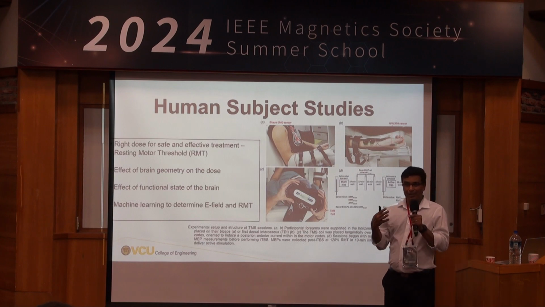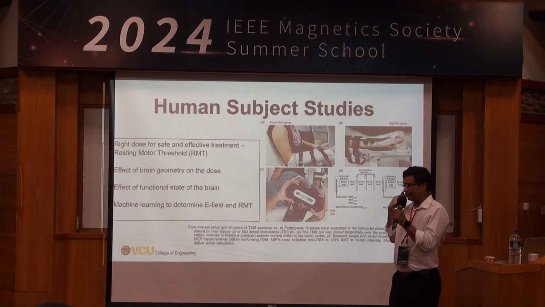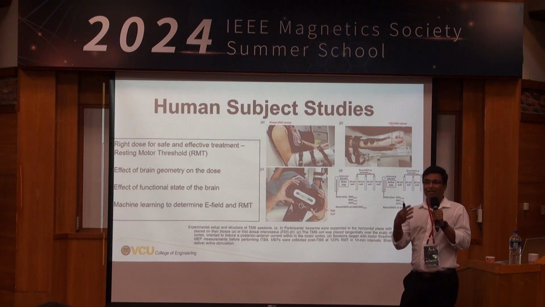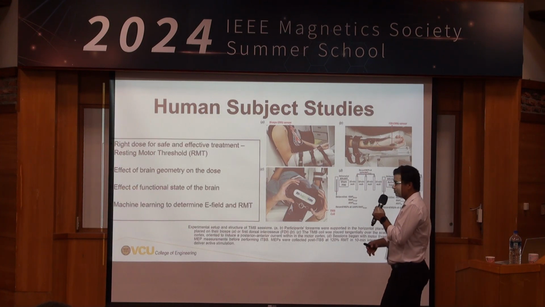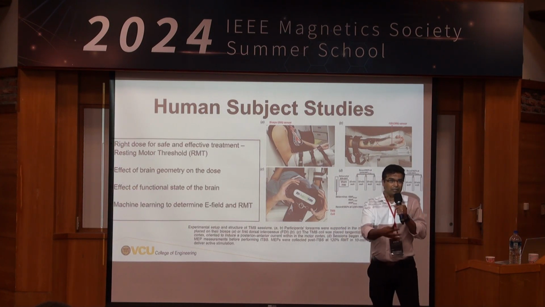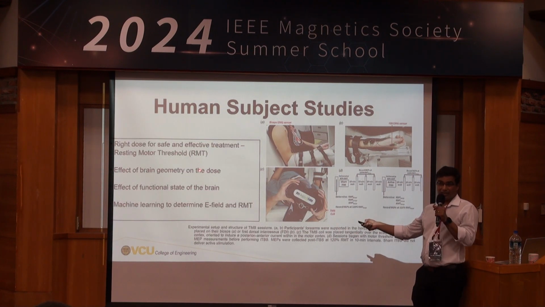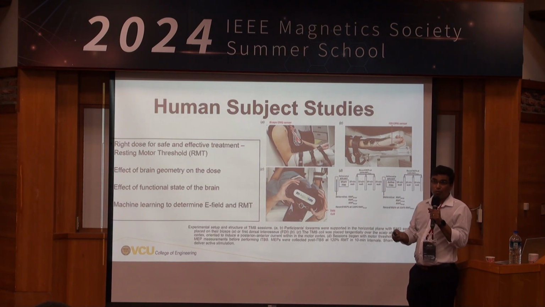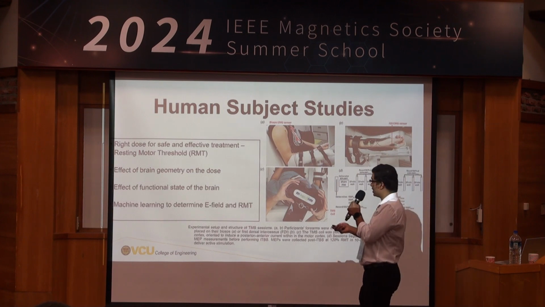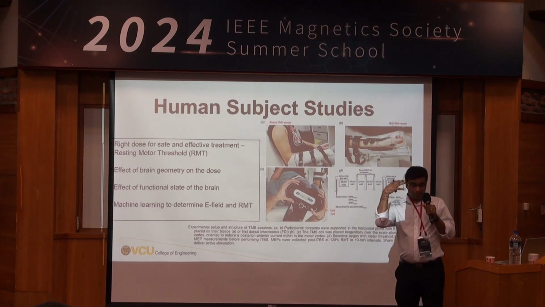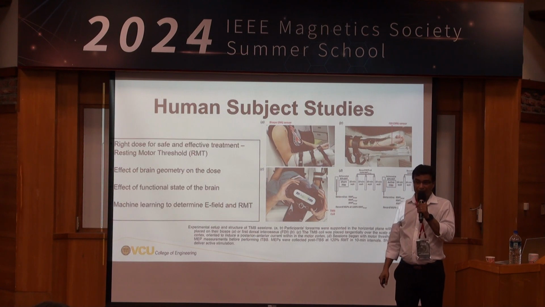If you did not have good sleep, or if you had coffee, alcohol, medicine, it all affects your dose, which is RMT. So we wanted to look at how RMT changes with the anatomical features of the brain.